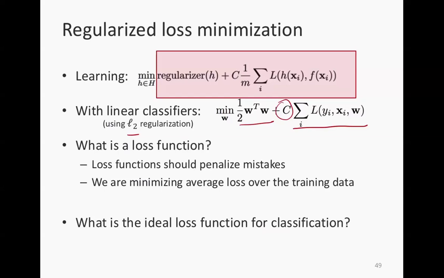Why not just count the number of mistakes? For every hypothesis, you count the number of mistakes it makes on the training set, or take the average number of mistakes on the training set, add a regularizer, and find the hypothesis that minimizes it. That could also be a loss function.